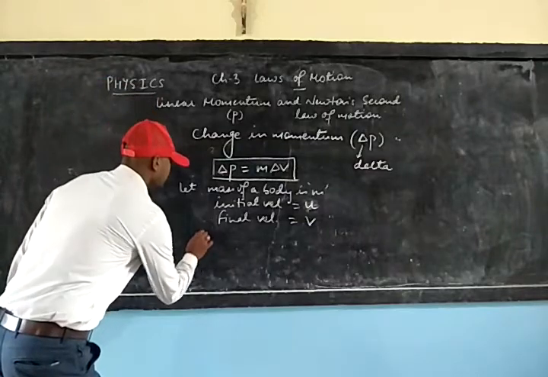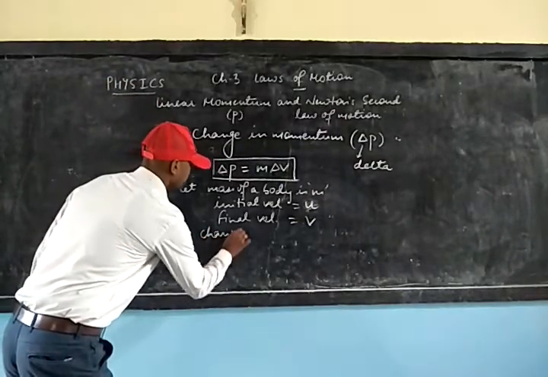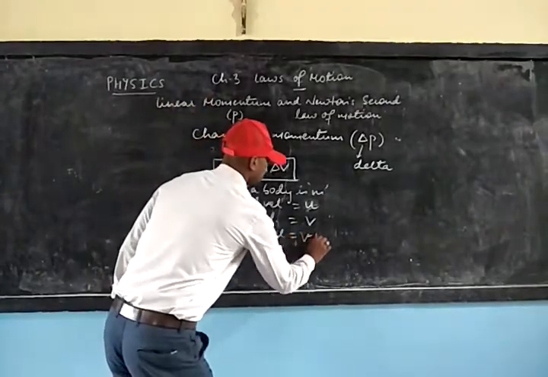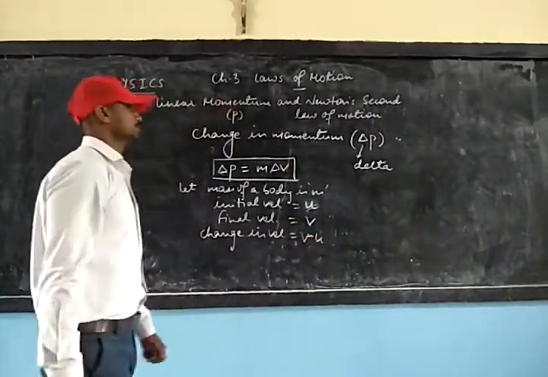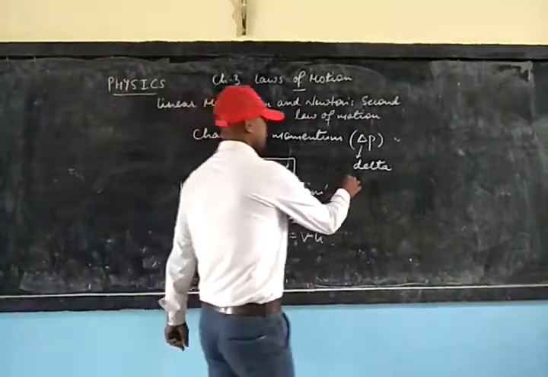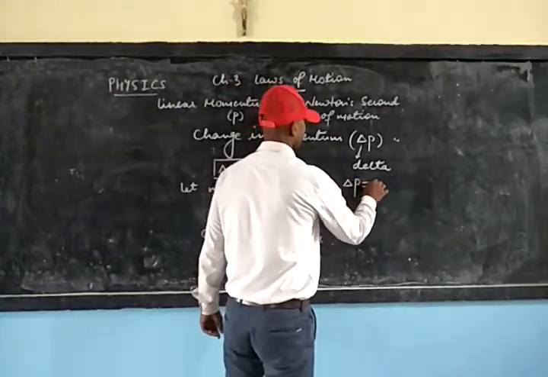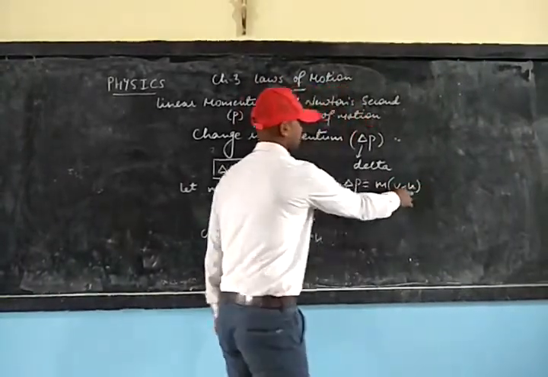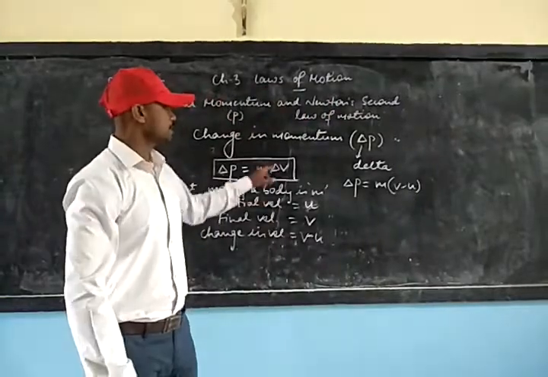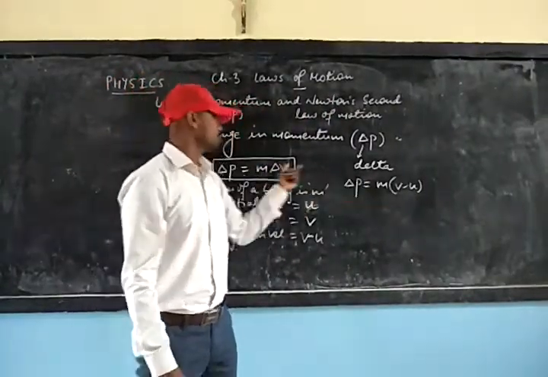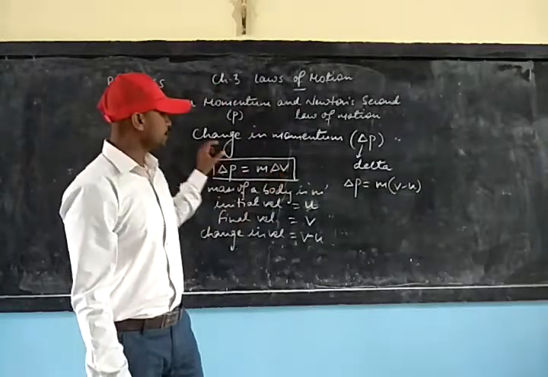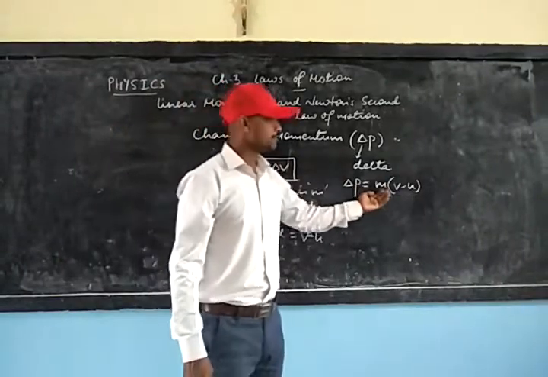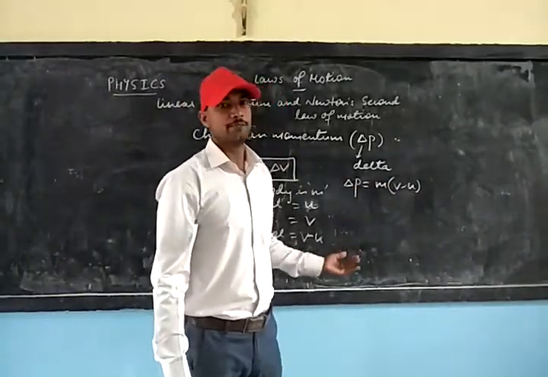So the change in velocity will be equal to v minus u. So we can write change in momentum is equal to m into (v minus u), where v minus u means the change in velocity, which I have written in short this way. So either you can use this formula to find the change in momentum, or you can use this formula to get the change in momentum.